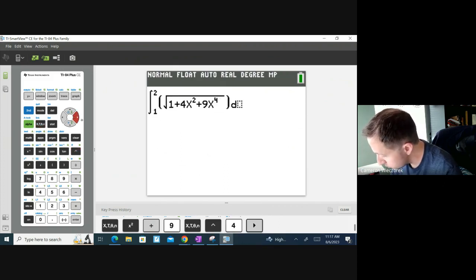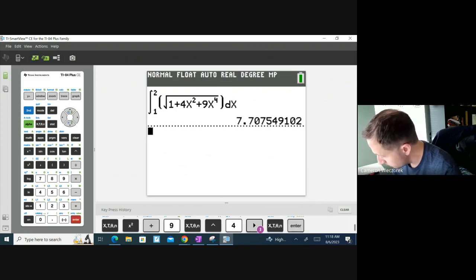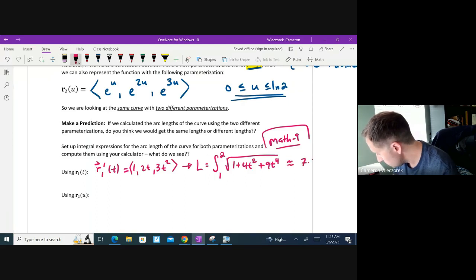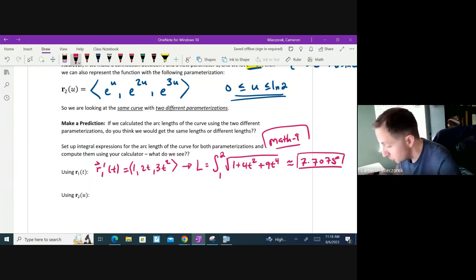Make sure that you specify the variable that you are differentiating with respect to. So we get about 7.7075. Okay, so that's the arc length of the first parameterization of that twisted cubic.